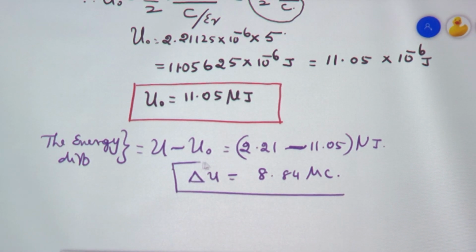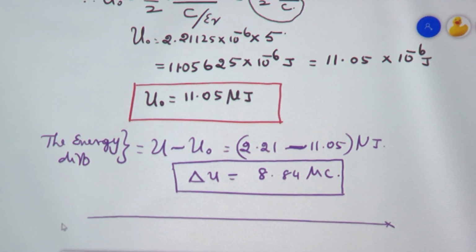From this, what can you conclude? What is the conclusion? The conclusion is, when you are removing the dielectric, an external agency has to do work in order to overcome the stored energy. So we can say, when a capacitor is filled with the dielectric and the dielectric is removed from it, the capacitance also changes and the energy stored also changes, or vice versa.